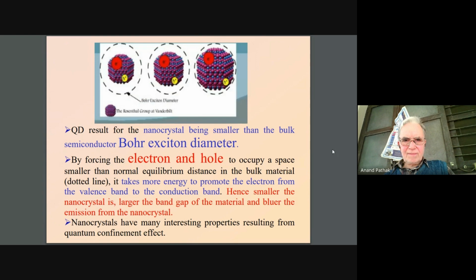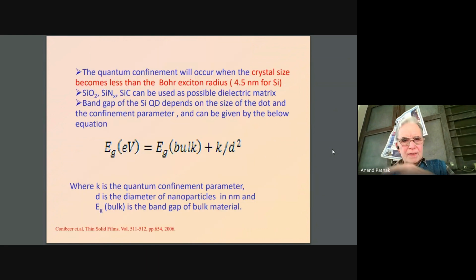In that case, the Bohr exciton diameter has to be of the order of the size of the material, and then the energy level becomes dependent on the dimension of the material. For example, the energy band gap depends on the bulk value plus K by D squared, where D is the size.